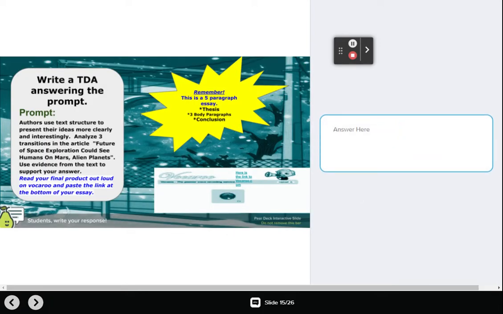Authors use text structure to present their ideas more clearly and interestingly. Analyze three transitions in the article Future of Space Exploration Could See Humans on Mars, Alien Planets.